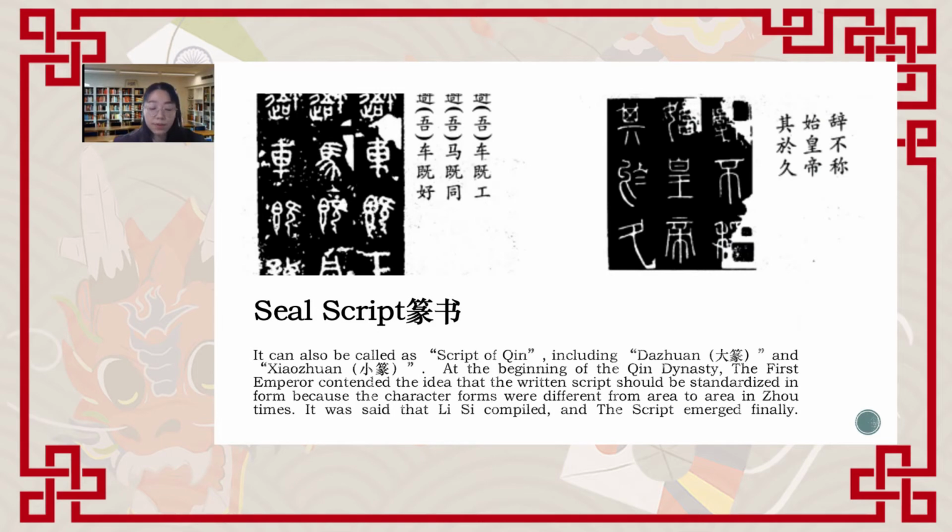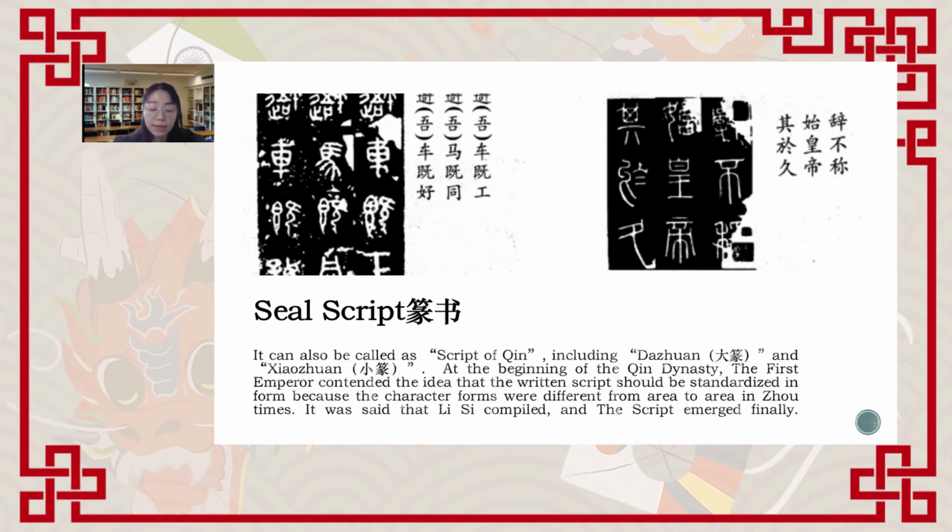The seal script can also be called the script of Qin, including 大篆 and 小篆. At the beginning of the Qin dynasty, the first emperor conceived the idea that written script should be standardized in form, because the character forms were different from area to area in Zhou times.